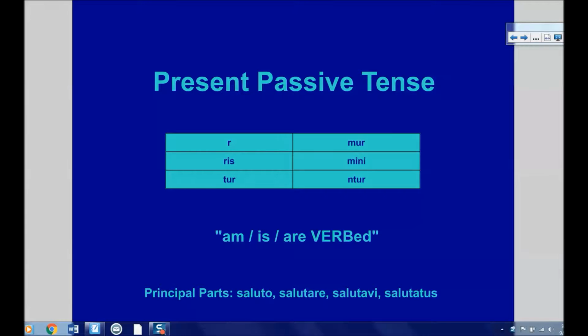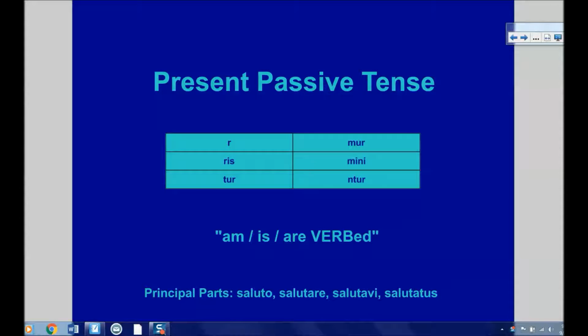All right, so it's time now to go into our passive voice. The first tense we're going to be talking about is the present passive. The difference between active and passive is very specific in all languages, and I'm not going to spend time talking about it in this video, but there will be another video coming talking about active versus passive.